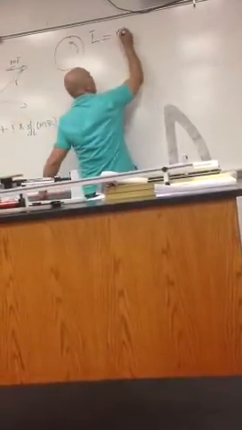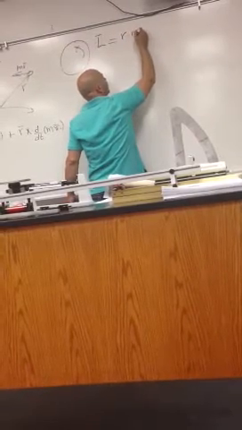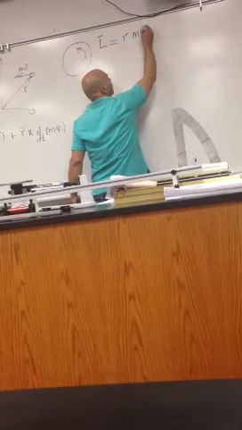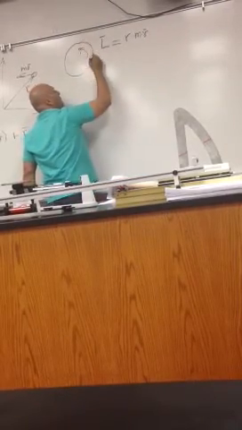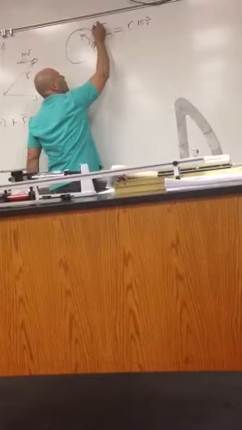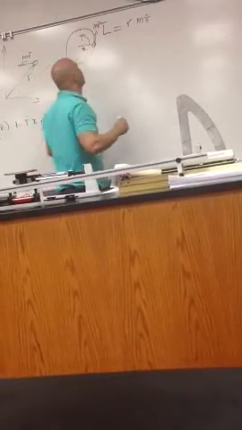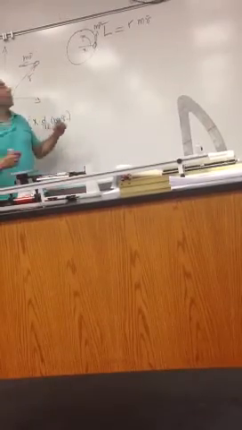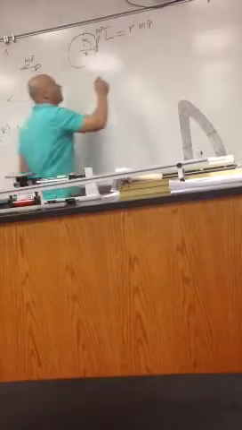First of all, we have R cross P, with R and V. Let's say this object is moving like this with momentum and V, and this is the radius.